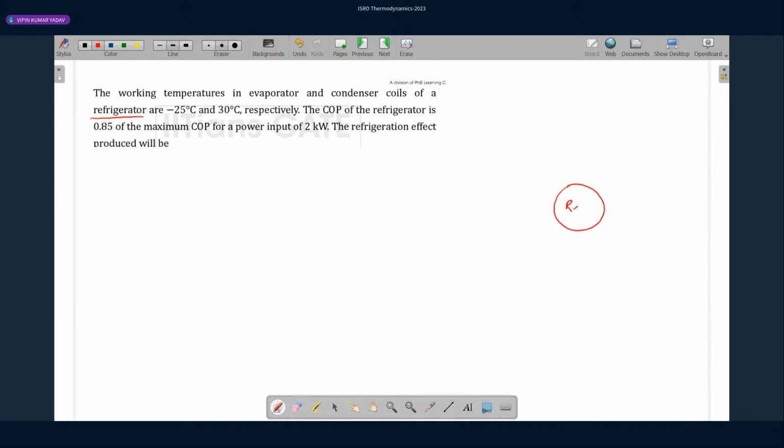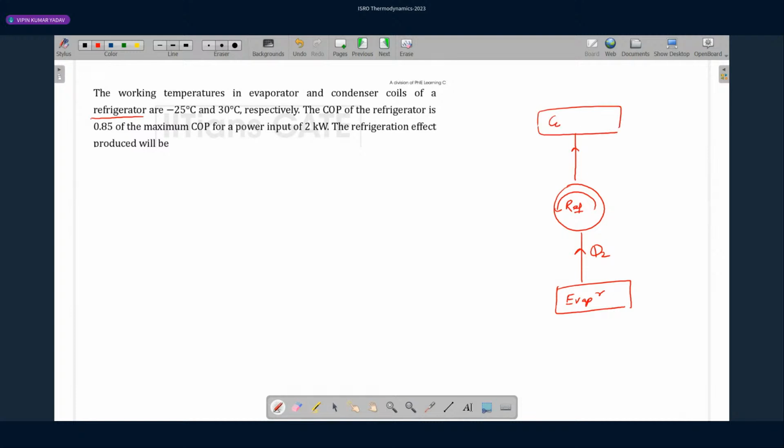This is an anti-clockwise device that absorbs Q2 from the evaporator at the lower temperature. So this is the evaporator, and it transfers the heat to a higher temperature.